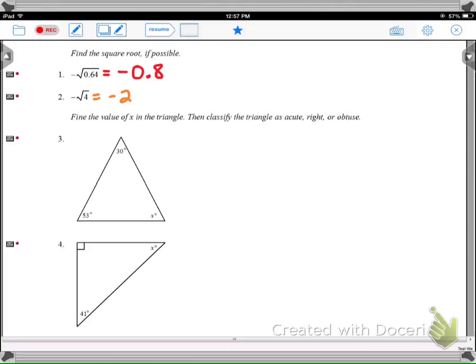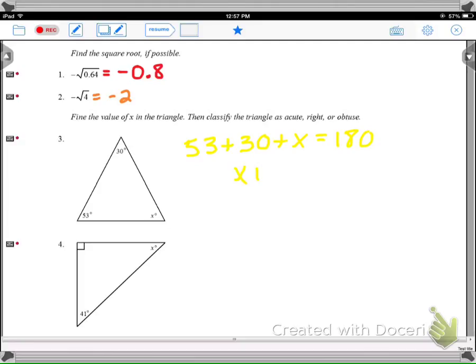So looking at number 3, how many degrees are in a triangle? The sum of all the interior angles, since it has 3 sides, is 180 degrees. So if I add all the angles up, I should get 180. So I have 53 plus 30 plus x equals 180.